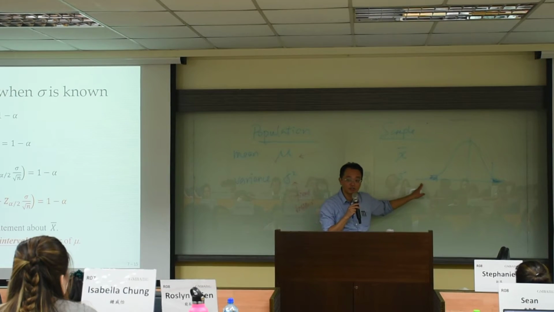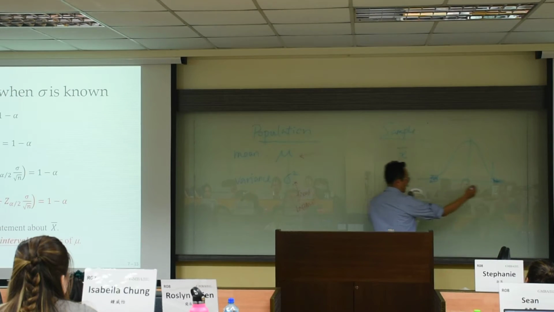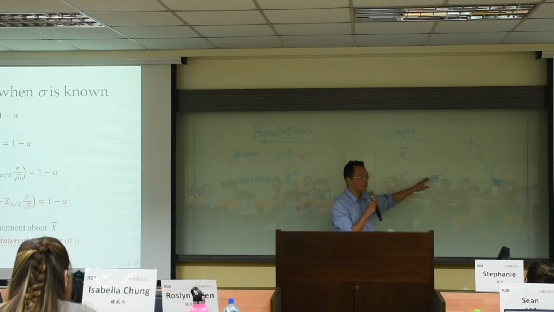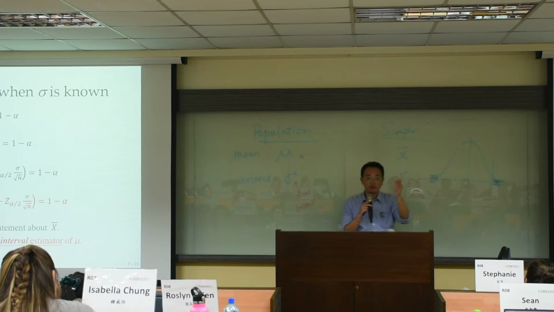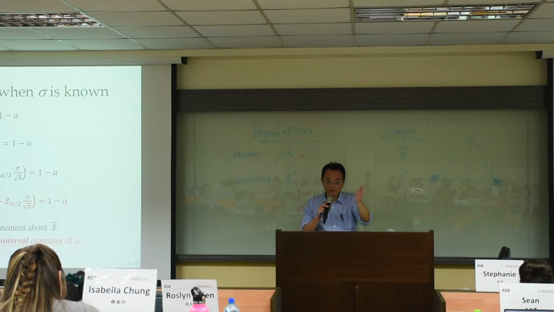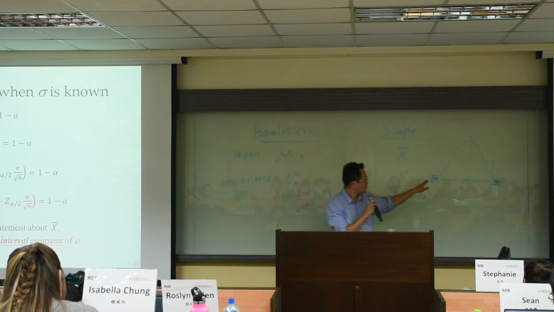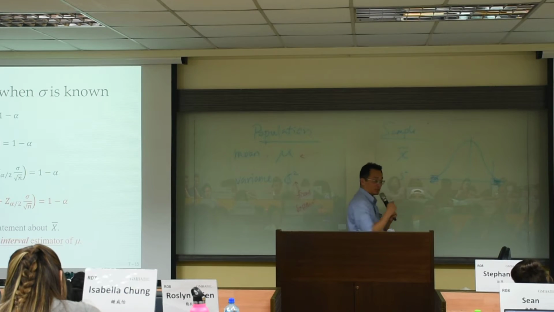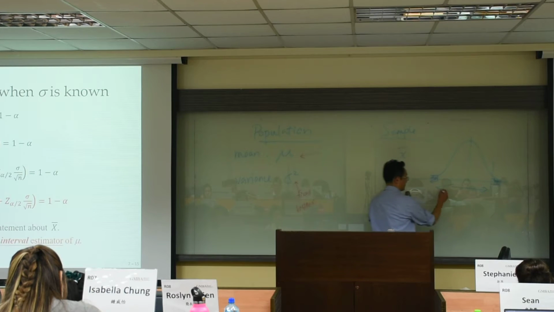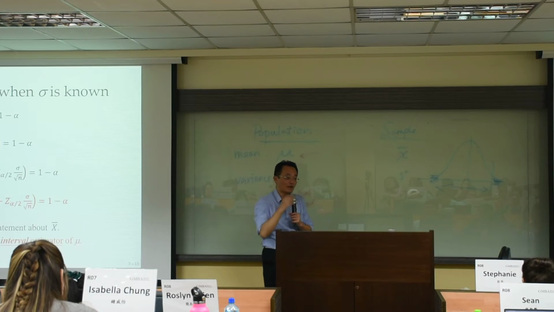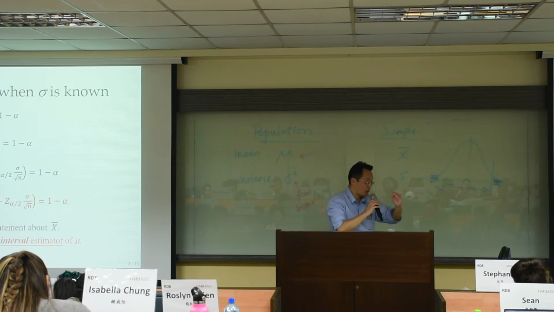If the alpha is smaller, it means that this line is going outward, because alpha is the shaded area here. This is probability, the proportion of the distribution. So if we prefer to have a higher 1 minus alpha, we must have smaller alpha. So it means that the two ends will be smaller, so the width will be expanded, right? So it's quite intuitive that if we would like to have a small alpha, then the width of our interval will increase.